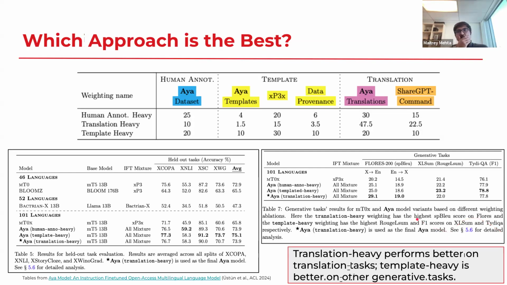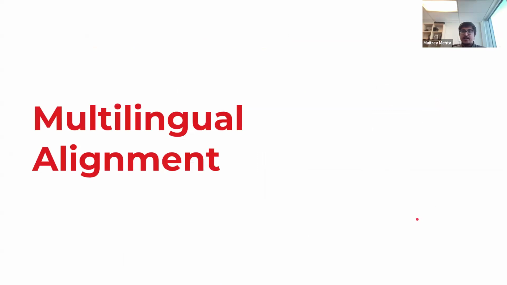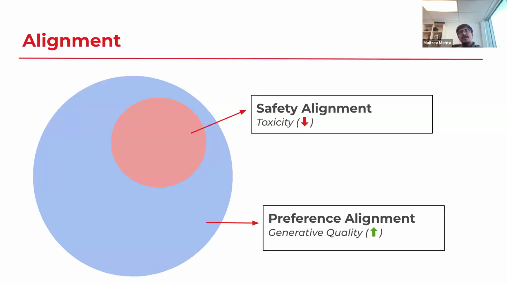Okay, so for the last part, we will be talking about alignment, and I'll probably answer the question that someone asked in the chat when it comes. But alignment. I like to think about it as there are two ways in which alignment is studied in literature.